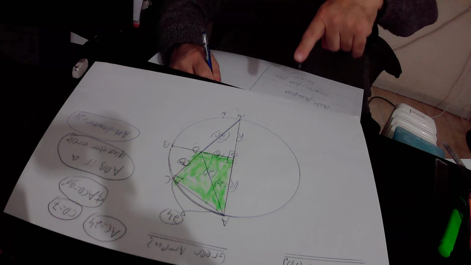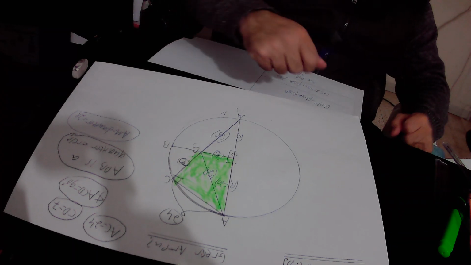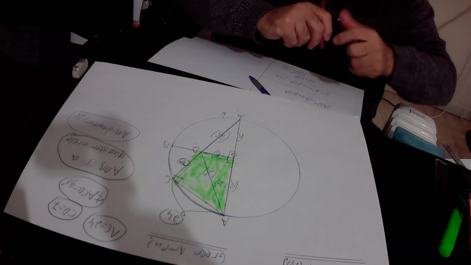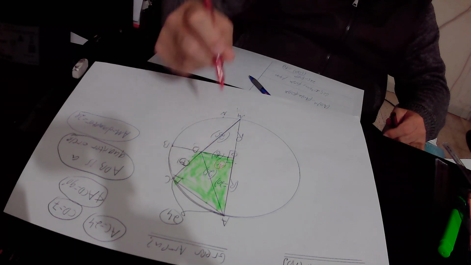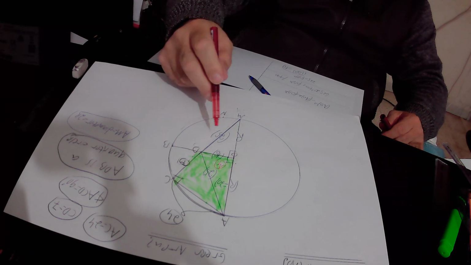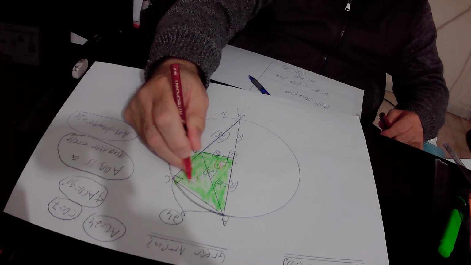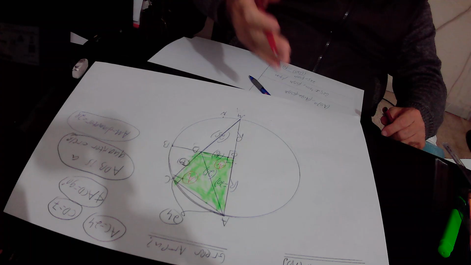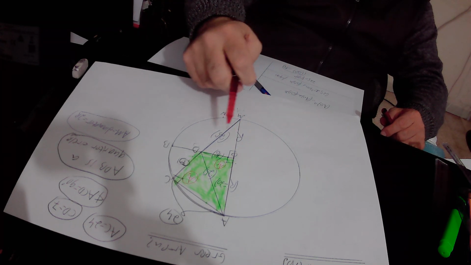will be equal to the area of the right triangle AOD, that we define as A1, plus the area of the green right triangle ACD, that we define as A2. It's very clear from the drawing that the total area of the green shape equals A1 plus A2.